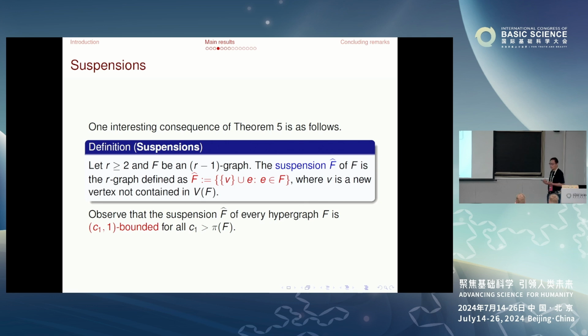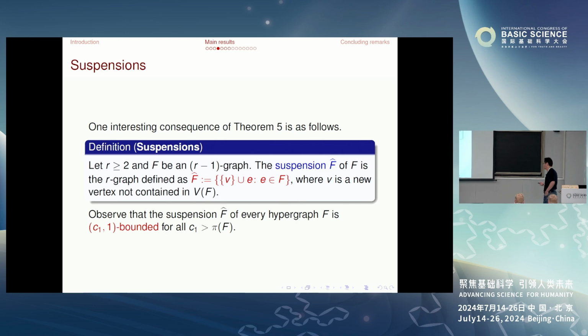There is an interesting corollary of our result. First, we give a definition about substitutions. Let F be an (r-1)-graph. The substitution of F is an r-graph obtained by adding a new vertex v to F, together with all the edges containing v and an edge of F. I mean that we give a central vertex v and all the edges containing v.